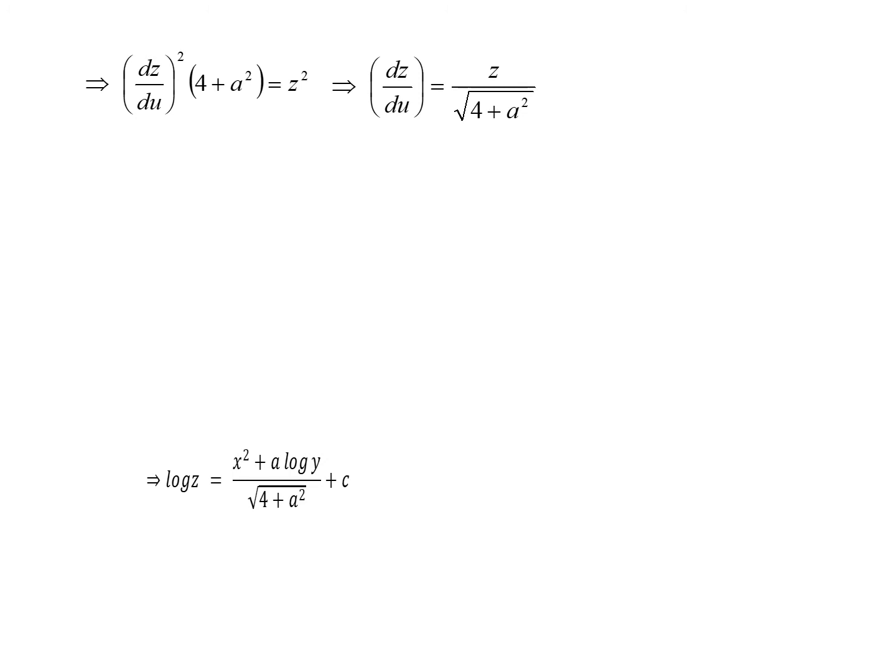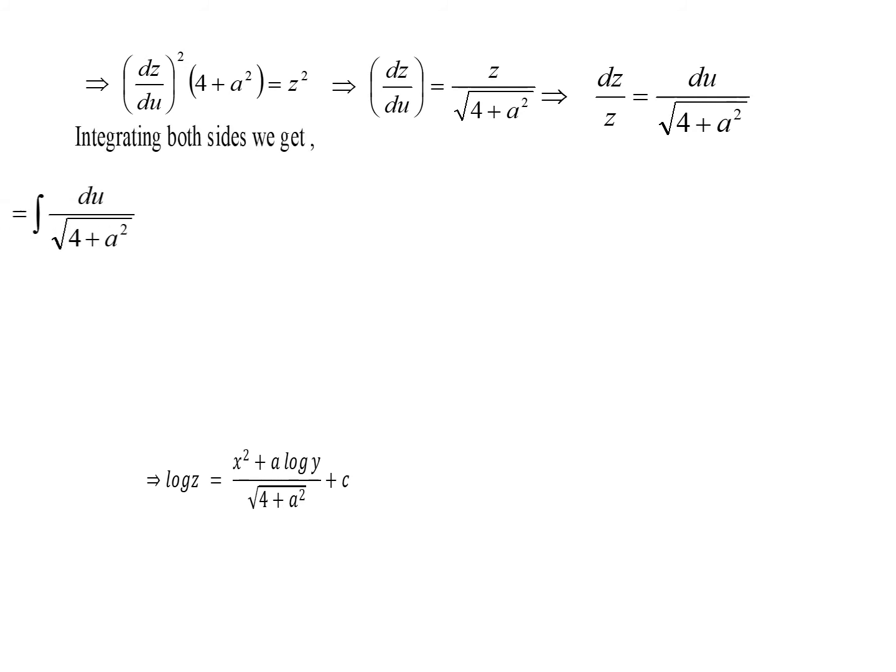From here you can get the answer of dz/du by taking the square root and separating the variables z and u to either side, that is, bringing all the z terms to the left side and taking the other variable u to the other side. We have separated the two variables like this and now integrate both sides. So when we integrate both sides, we have this format.